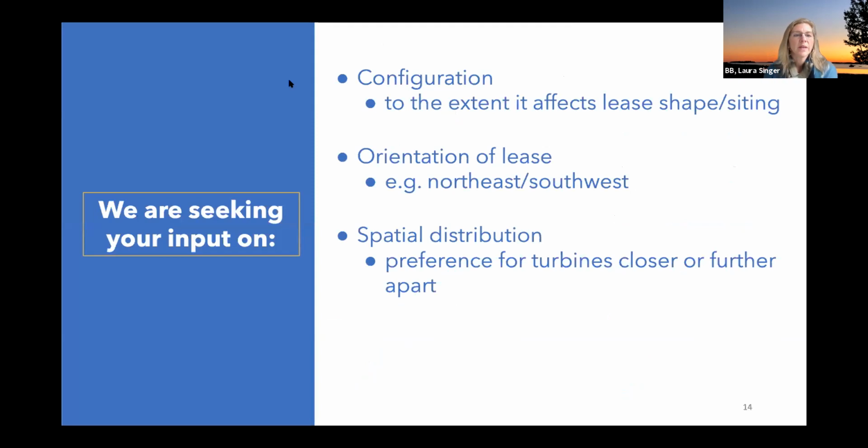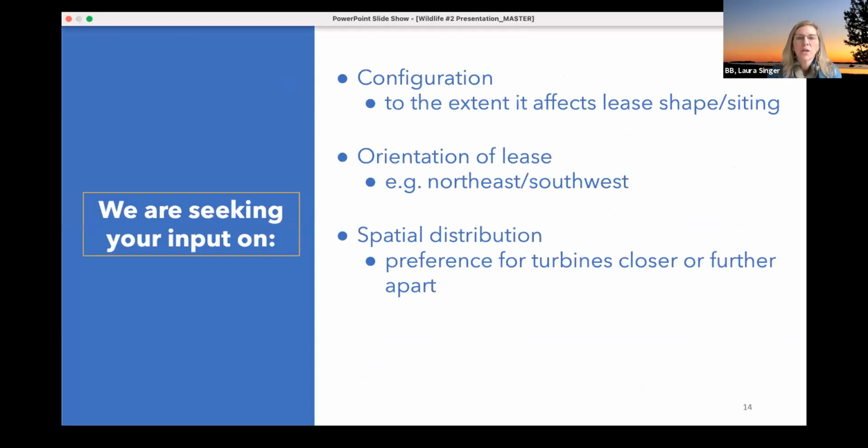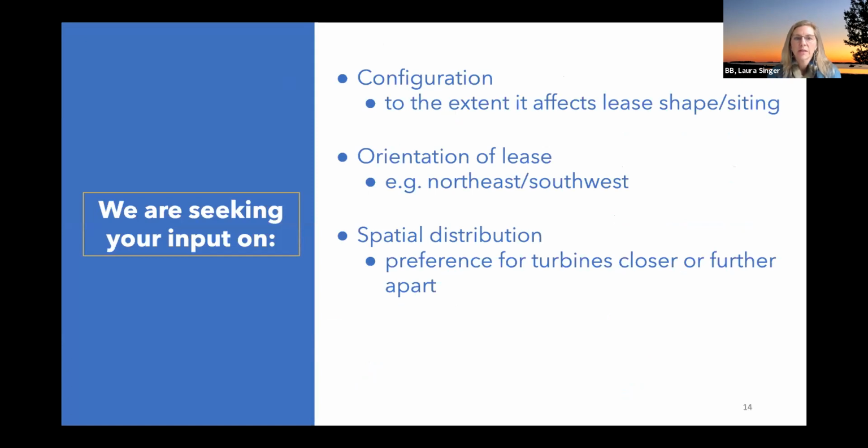So we're really seeking some input on, as Amanda said, configuration to the extent that it affects the lease shaping and the siting, the orientation of the different potential configurations, and then also spatial distribution. There was a question about the 1 mile.